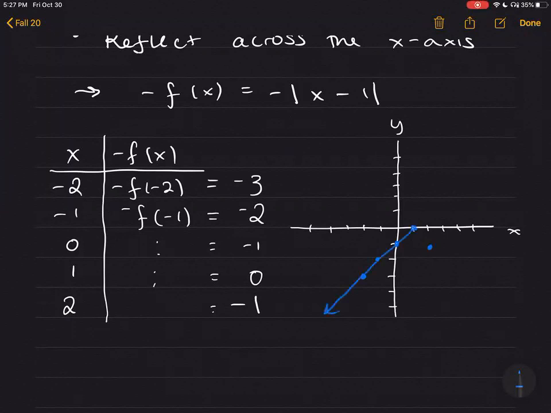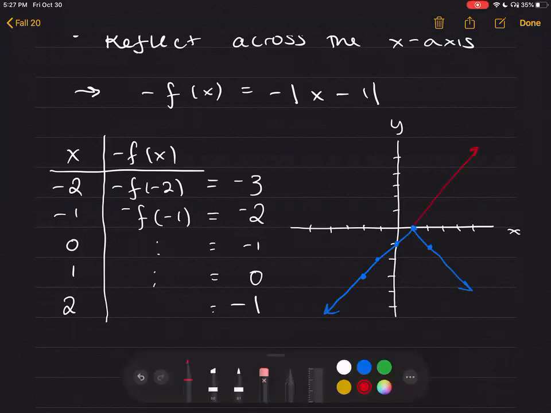There's our V shape. And look at that. That's good, because our original one looked like this, if you remember. Right? And so what's happened is we have reflected across the x-axis. All right, perfect.